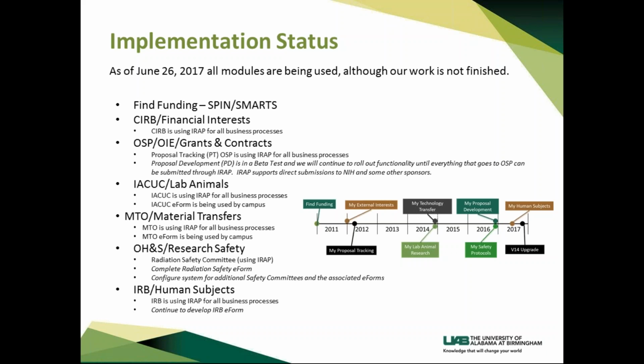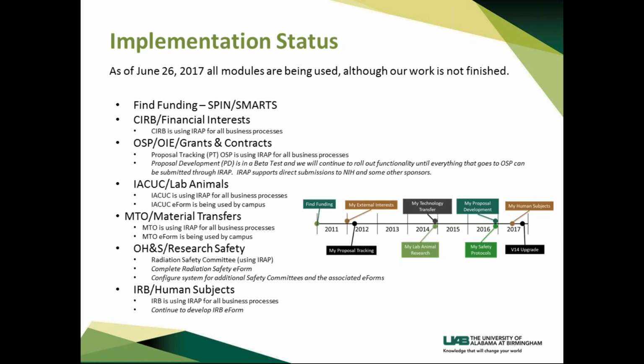The next module was, of course, the Conflict of Interest module. This module is where we track everybody's financial interest and how it relates to their research projects. Then we have the OSP, or Office of Industry Engagement module, and that's one module in the system where we have two different offices using it.